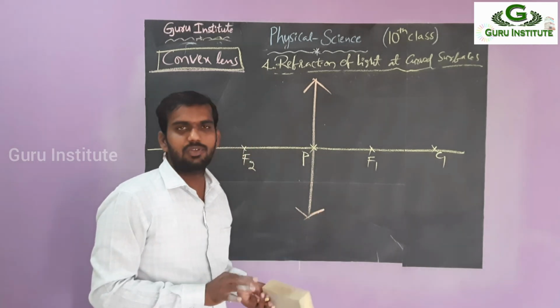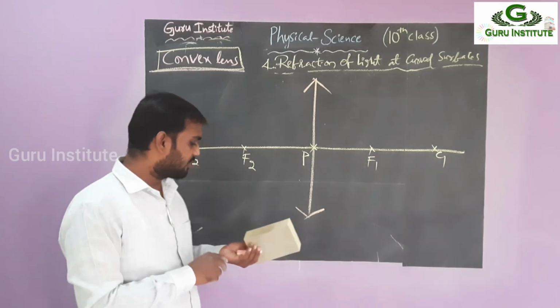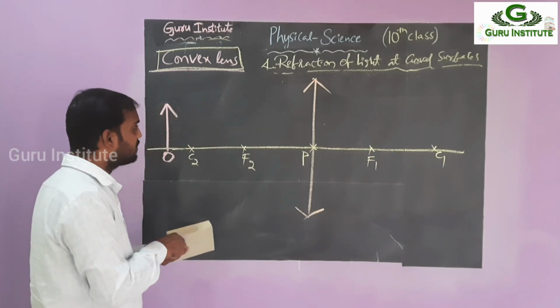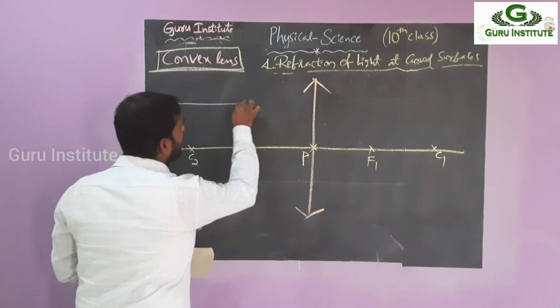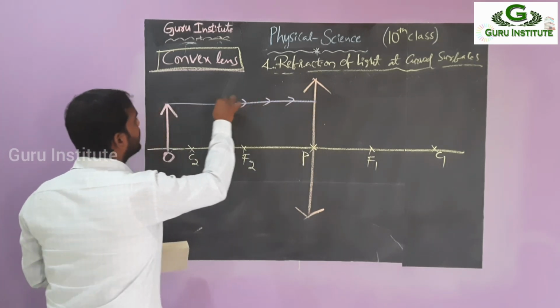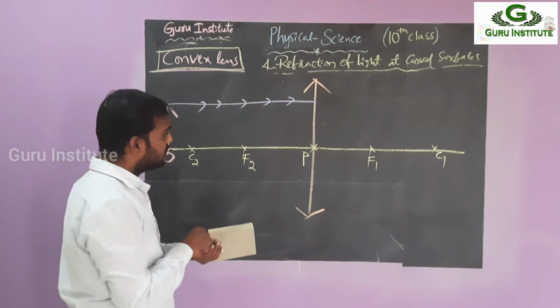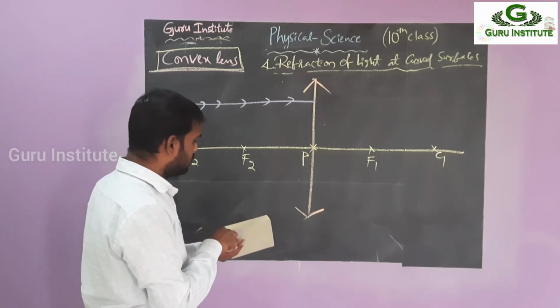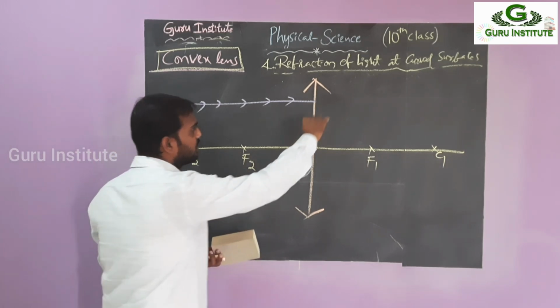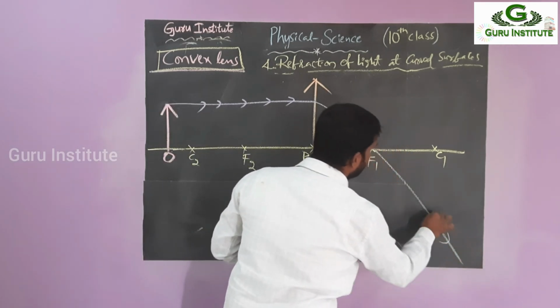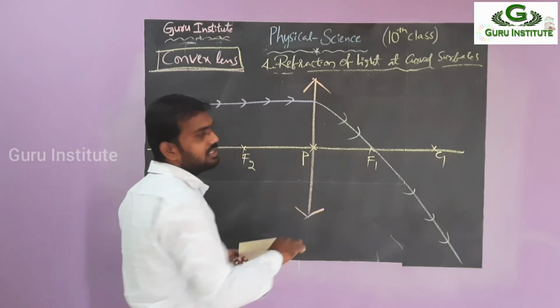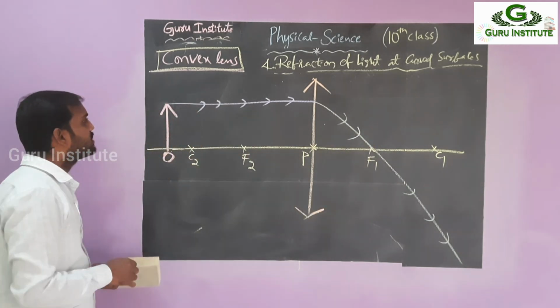For the first picture, I will show the two cases. From the second onwards, we write only one. Okay, right? See here. First one, parallel to the principal axis, passing through the focus. If you use a scale, that would be very accurate. Okay, right.